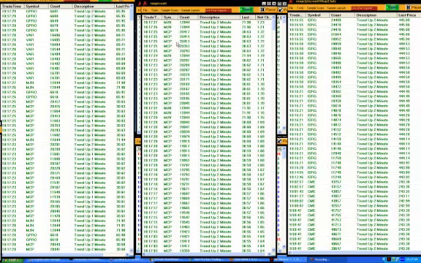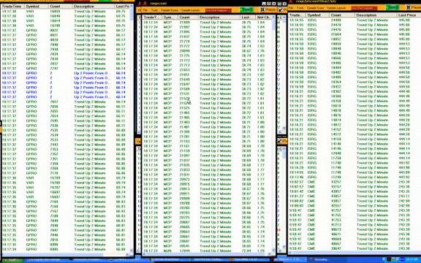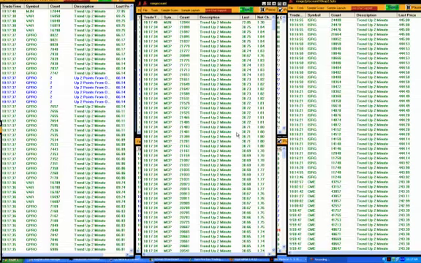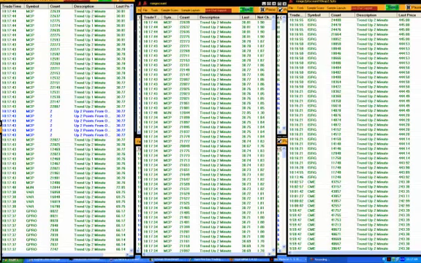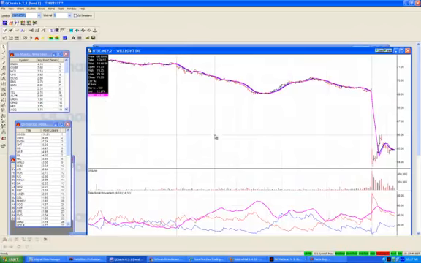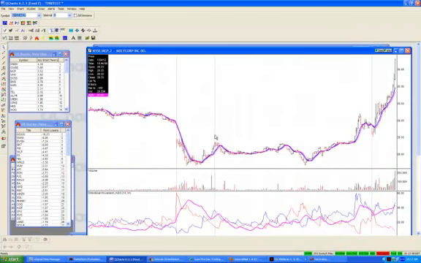MCP is continuing to shine, showing a continuation of its counts. As you can see, it's moving higher. Pull up the chart. Started off at 29 and is now about 30 and a half.